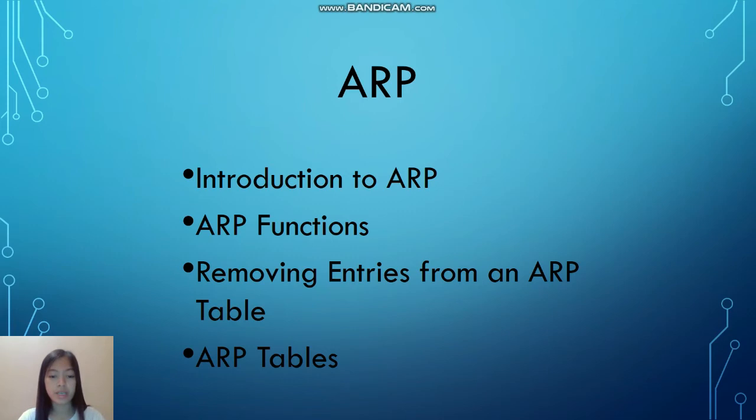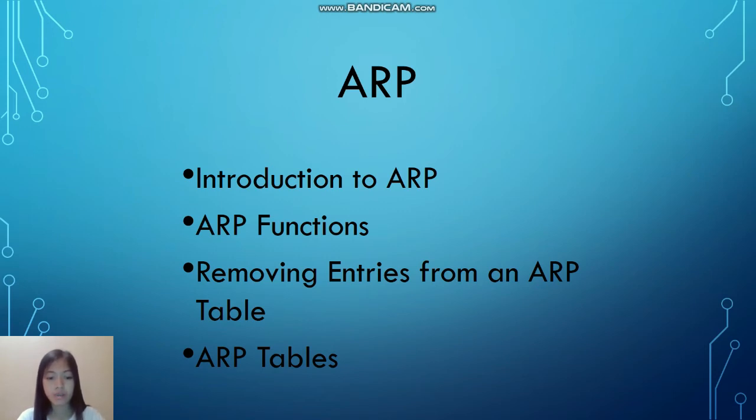Introduction to ARP. Recall that every device with an IP address on an Ethernet network also has an Ethernet MAC address. When a device sends an Ethernet frame, it contains these two addresses: destination MAC address and source MAC address. ARP functions.